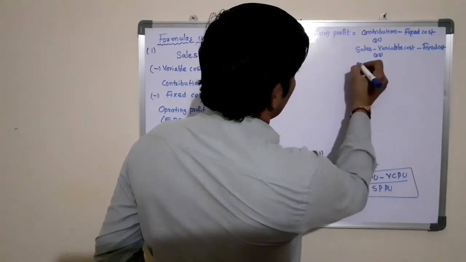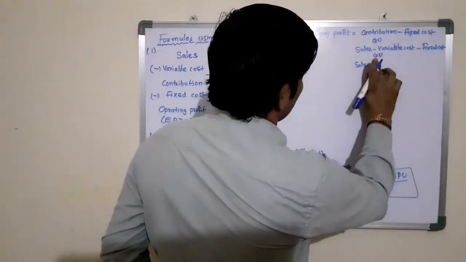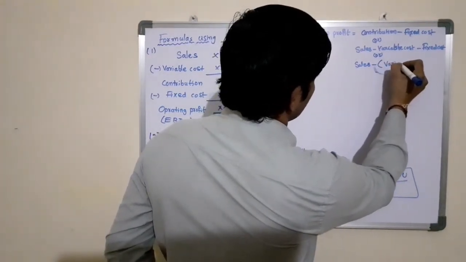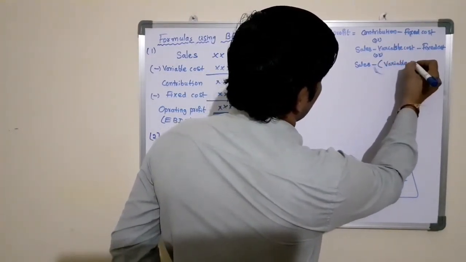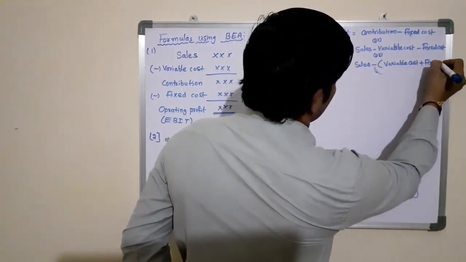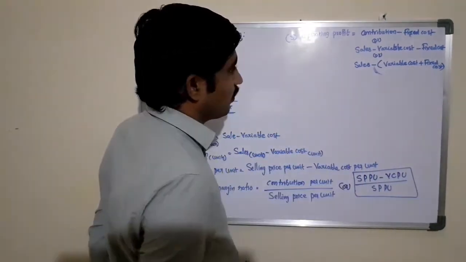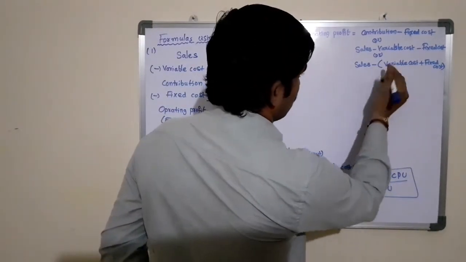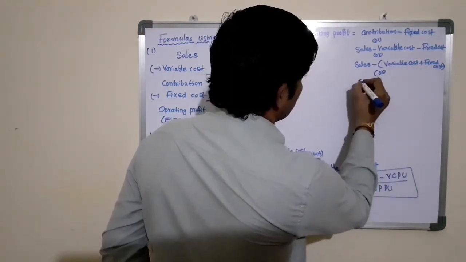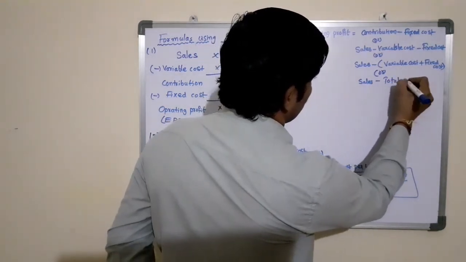Or you can also write the same formula as sales minus of variable cost plus fixed cost. That is operating profit. Or what is the total of variable and fixed cost? Sales minus total cost.